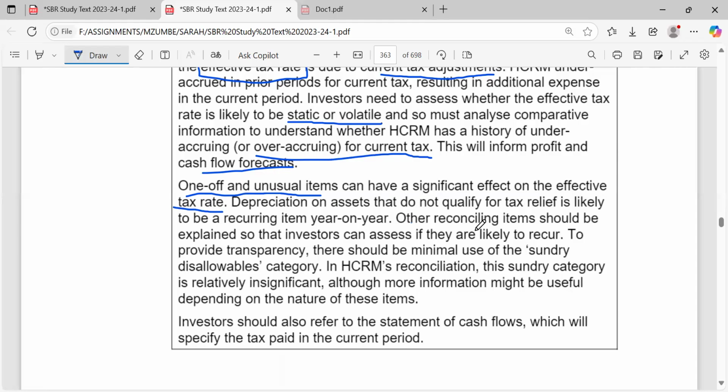But other reconciling items should be explained so that investors can assess if they are likely to recur. So simply speaking, this question was just trying to give you a picture of how the effective tax rate could differ from the statutory one due to the tax adjustments. So that's all.